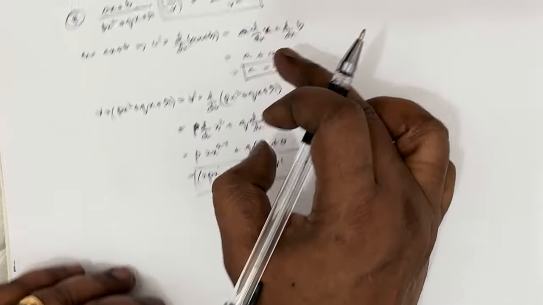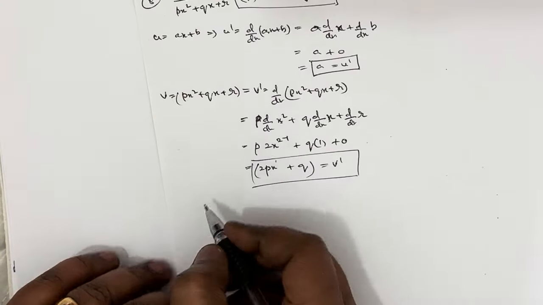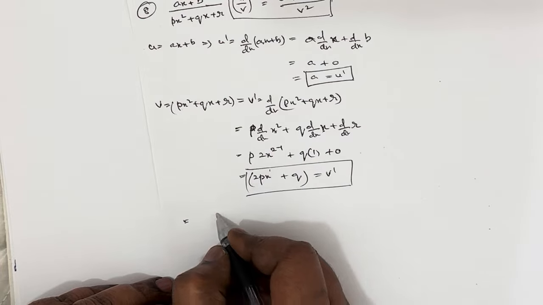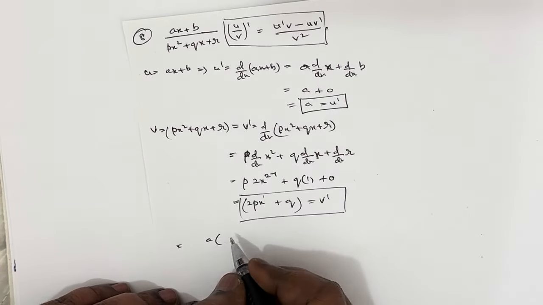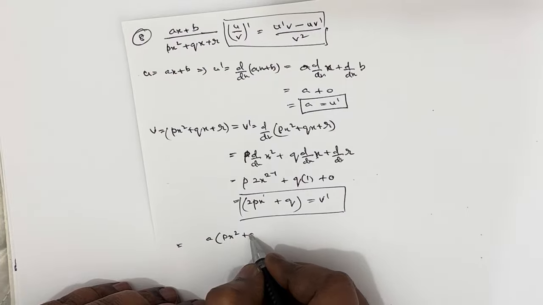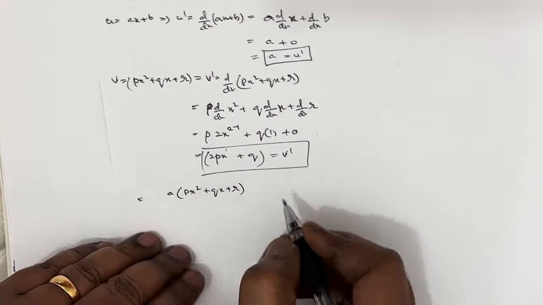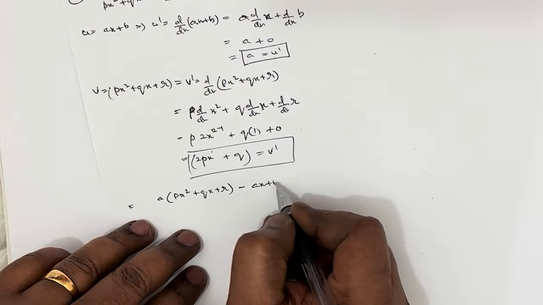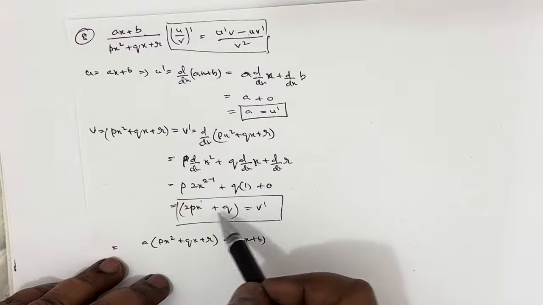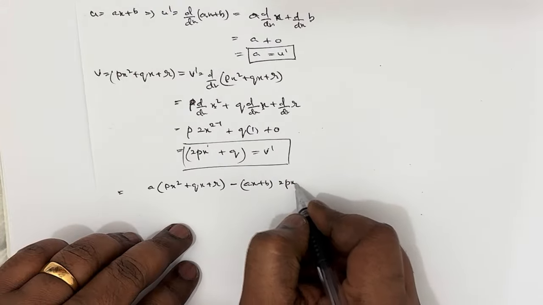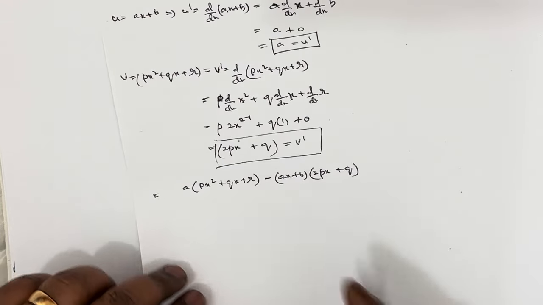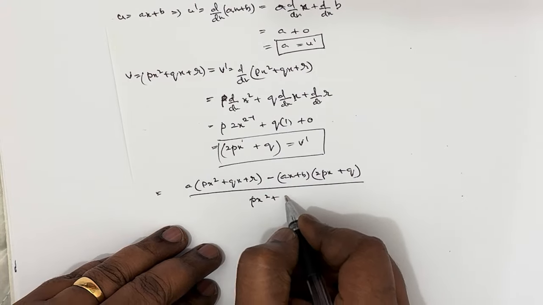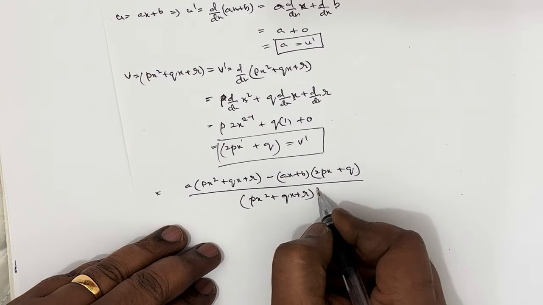So now let's put these values in the formula. u dash is a, multiplied by v, which is px² + qx + r, minus u, which is ax + b, multiplied by v dash, which is 2px + q, upon v square, so px² + qx + r whole square.